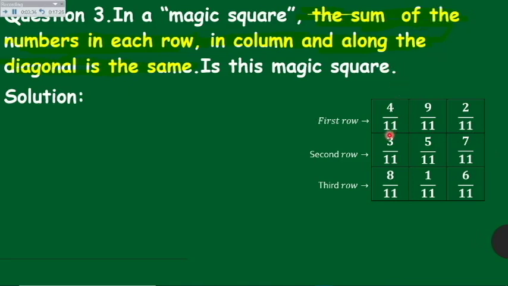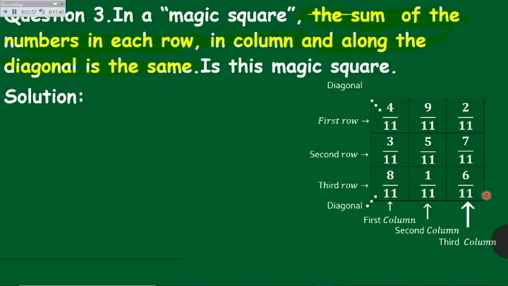Now we are going to talk about columns. This is the first column, second column, and third column. Okay. Now diagonals. This is one diagonal and this is another diagonal.